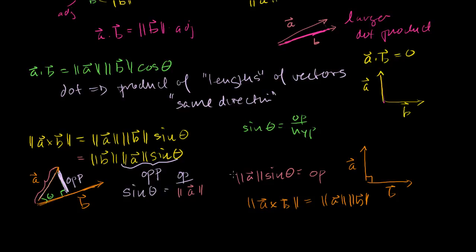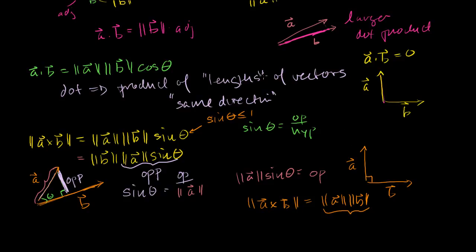It's 1. So in this case, you have maximized the length of your cross product. This is as high as it can go, because sine of theta is always less than or equal to 1. So this is as good as you're ever going to get. This is the highest possible value when you have perfectly perpendicular vectors.